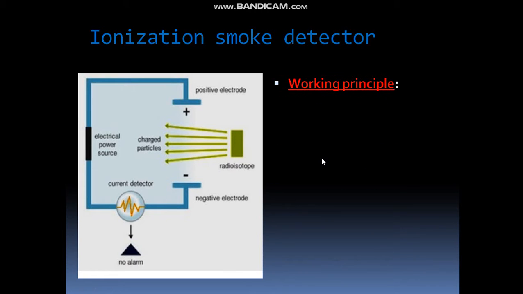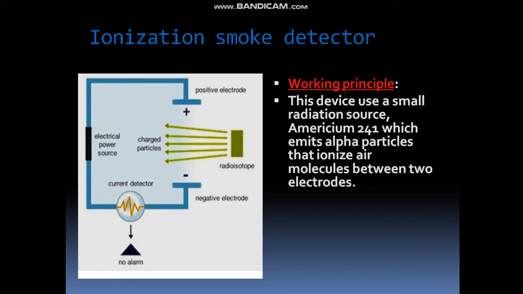So the working principle of the ionization smoke detector. This device uses a small radiation source which is called americium 241, which emits alpha particles. Alpha particles are radioactive particles. They enter the ionization chamber and ionize the air molecules which are present between the two electrodes.